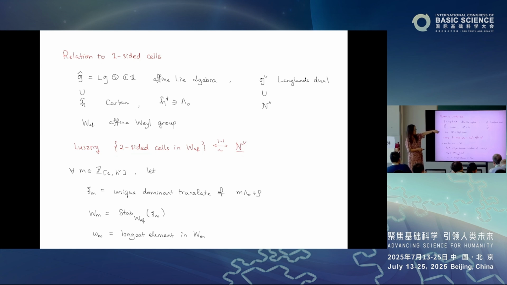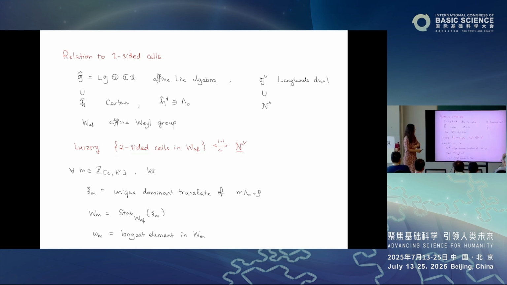It contains the zeroth fundamental weight. I let W affine denote the affine Weyl group, and G check will be the Langlands dual of G. And then N check is the nilpotent elements in G check. Lusztig showed there is a bijection between two-sided cells in the affine Weyl group and conjugacy classes in this N check, the nilpotent orbits in N check.